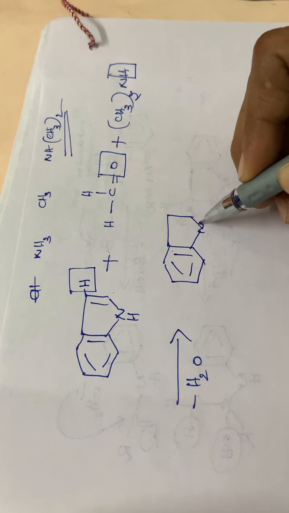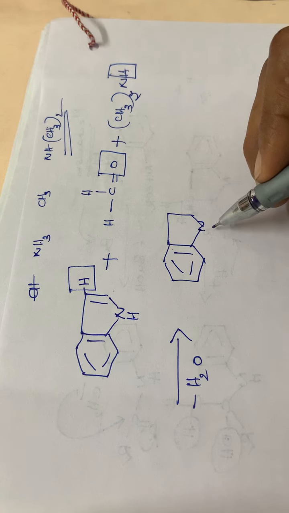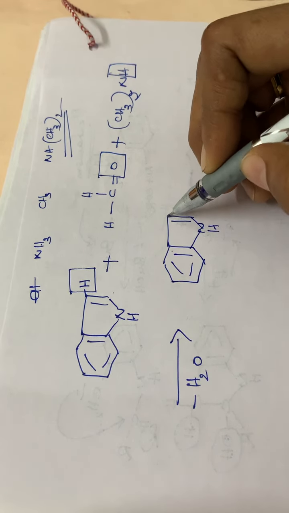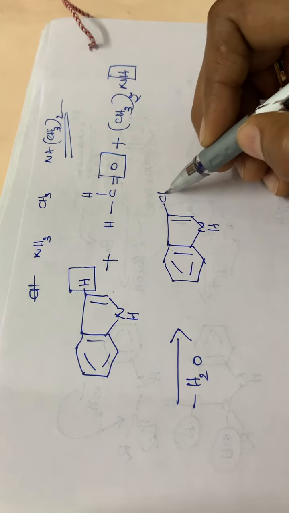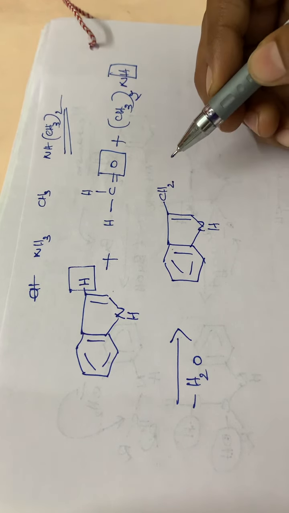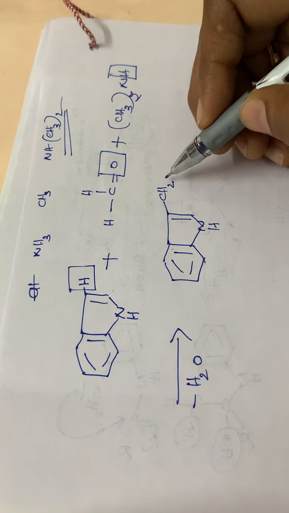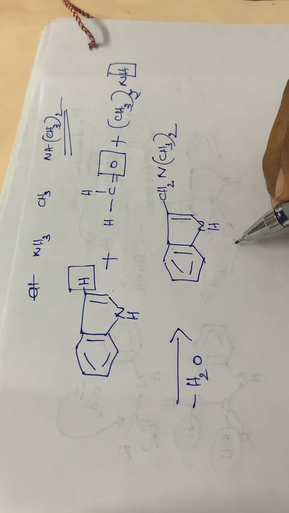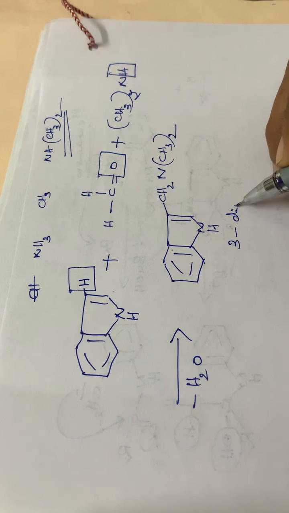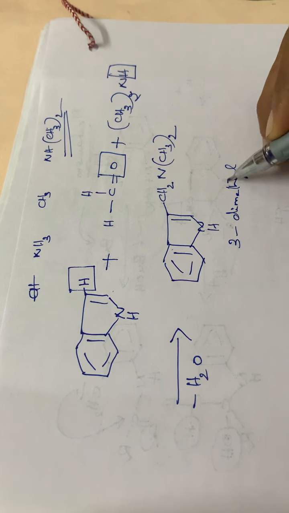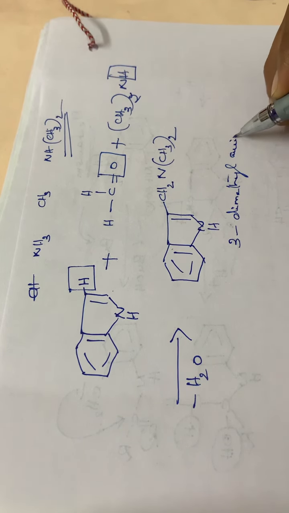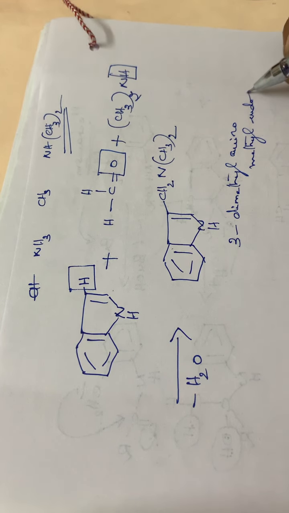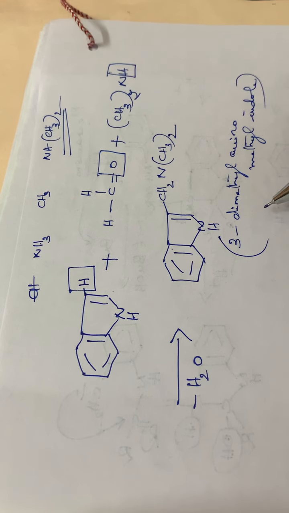You have to just join this and write NH, then here CH2 group, then N(CH3) twice. So this compound is gramine, 3-dimethylaminomethyl indole. So this compound is gramine.